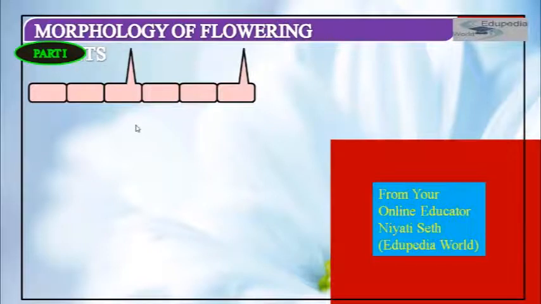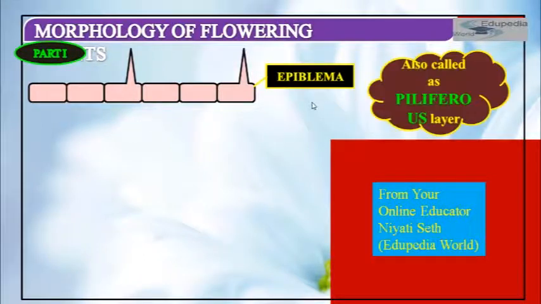That's why it is also called the piliferous layer. Students, don't get confused with epidermis and epiblemma. Epidermis, epiblemma and piliferous layer are the same, that is the outermost layer. And these are the root hairs, students.